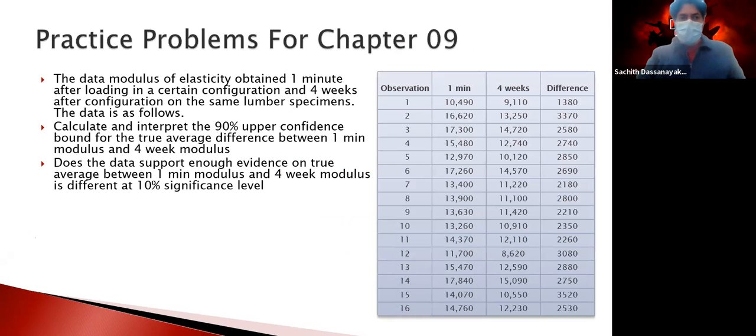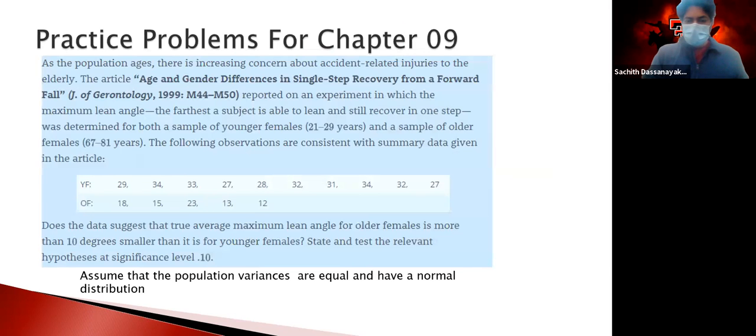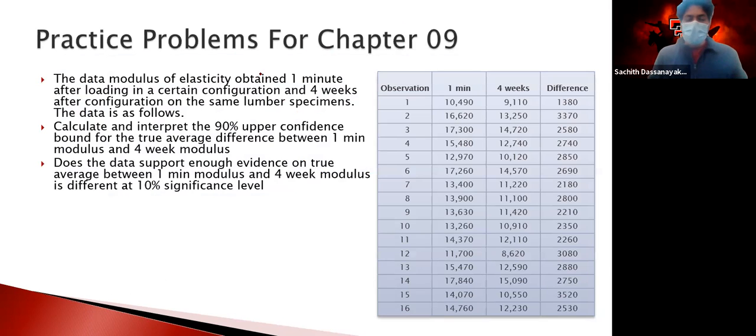Okay, check this example. You don't have the answer for this, so I'll show you how to do this problem. These are the observations. There are 16 observations. Elasticity was obtained 1 minute after loading in a certain configuration and 4 weeks after that configuration.